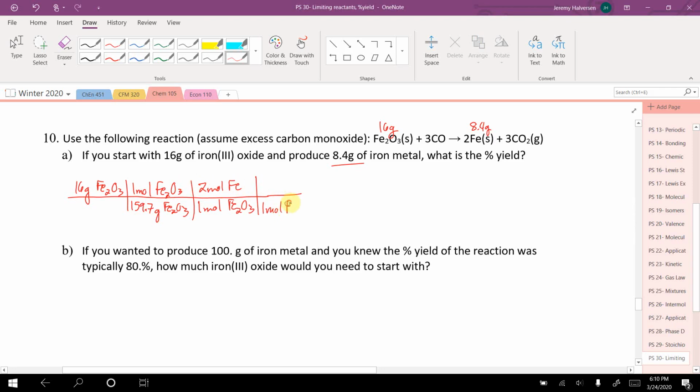And then I know that 1 mole of Fe weighs, what was it, 55.85 grams. So theoretically, with my 16 grams of iron 3 oxide, I could make 11.2 grams of iron. So then my percent yield is going to be my actual of 8.4 over my theoretical of 11.2, which gives me 75, I should say 75% yield. Convert that decimal into a percent.